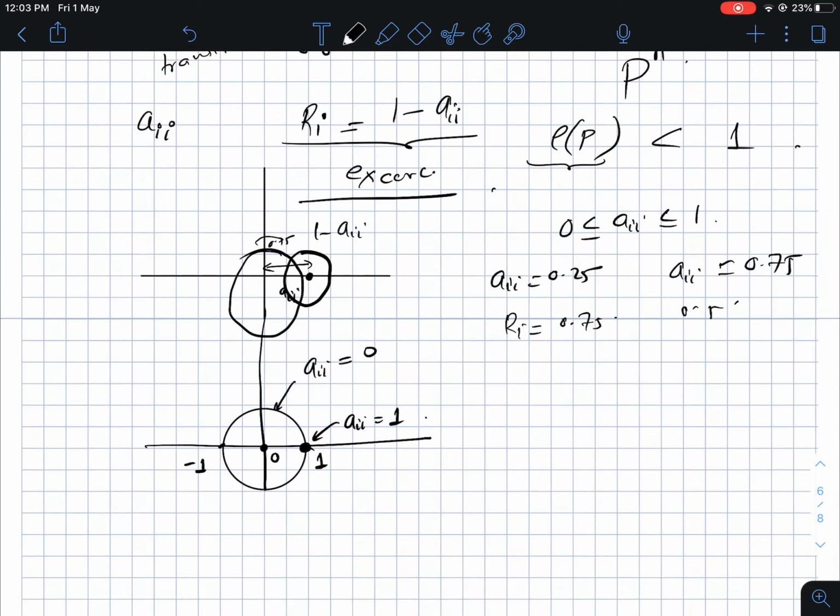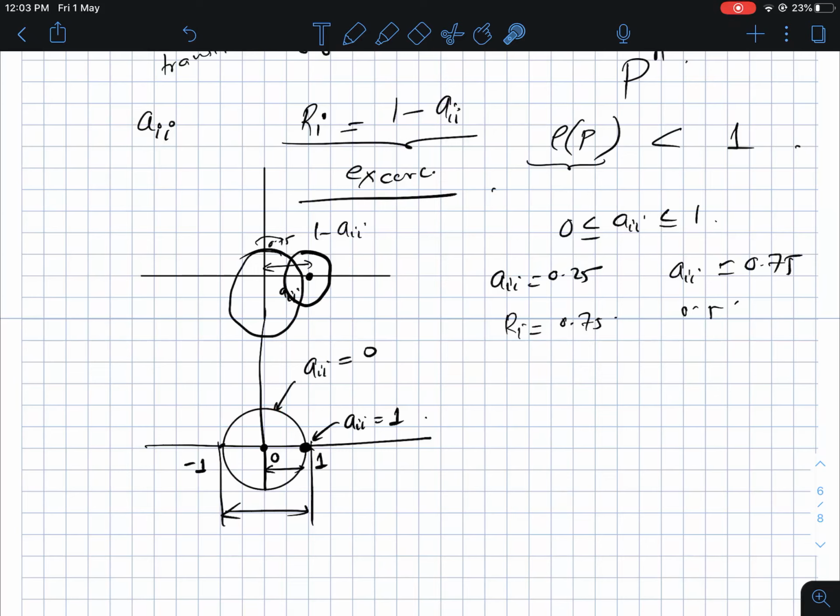You can see by sweeping a_ii through all these regions that you can never get the circle to go beyond this interval. Whatever circle you draw, it's going to be within this. The largest possible circle is this one, which has the highest radius; for the radius to be highest, a_ii has to be 0.